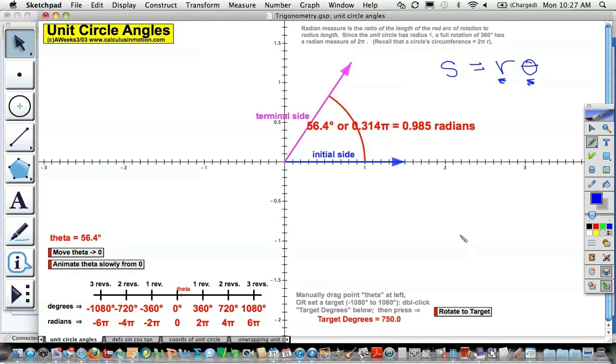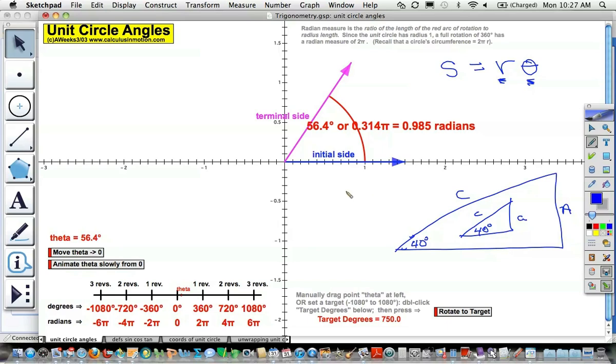If we think of SOHCAHTOA, if I draw a 40-degree angle in here, the sine would be this side A over this side C. It doesn't matter if I make a bigger triangle, and this is capital A and this is capital C, the ratio of A over C is going to be the same as the ratio of big A over big C, right?